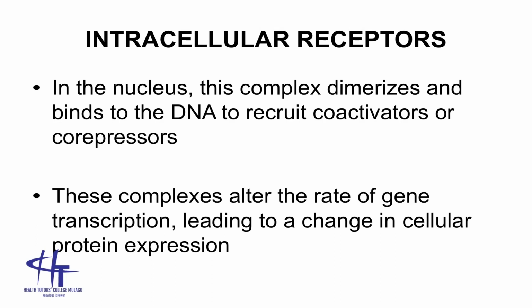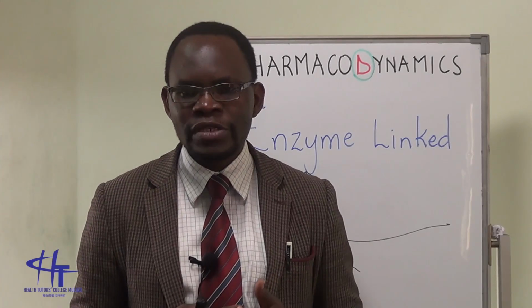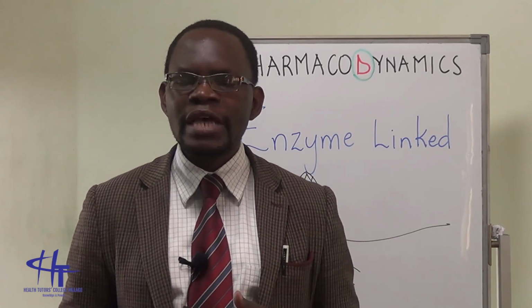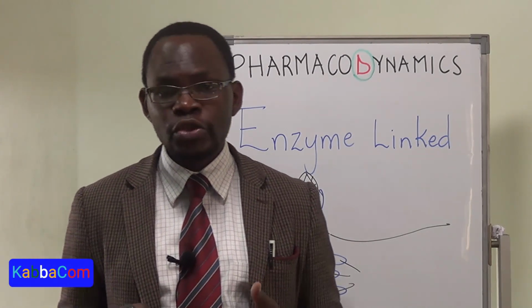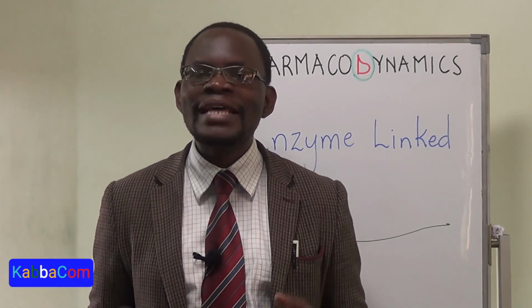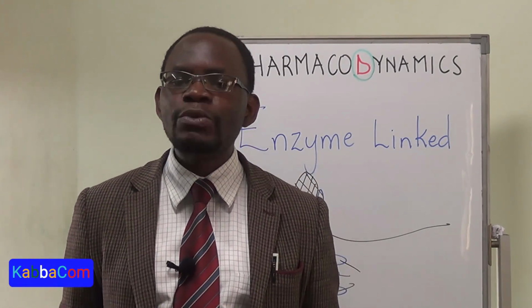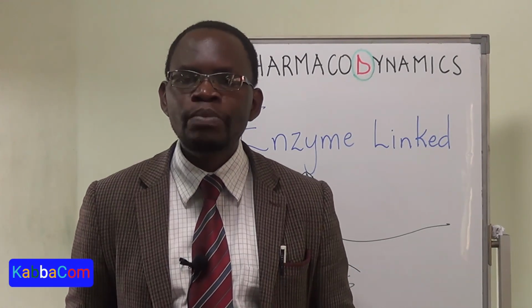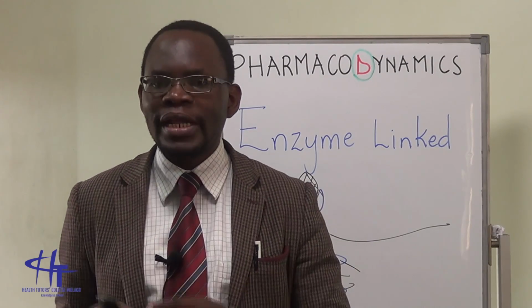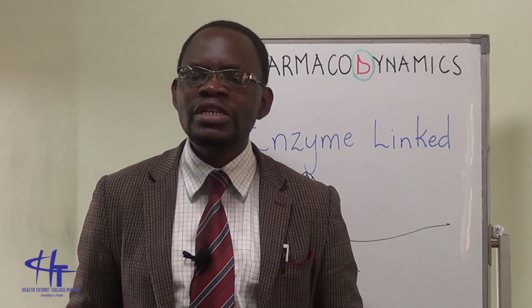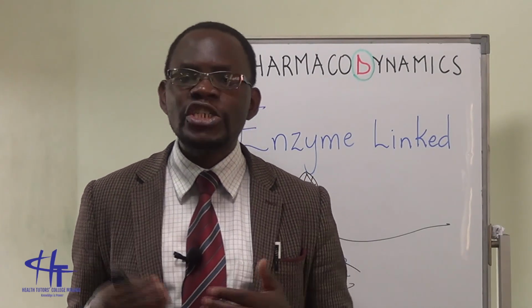So in this lecture, we talked about what we refer to as enzyme-linked receptors, and of course we gave examples of drugs that work through this, like for example insulin, and we also said that there are receptors located inside, either within the cytoplasm or on the nucleus. And the expectation is that they will bring about cellular changes.